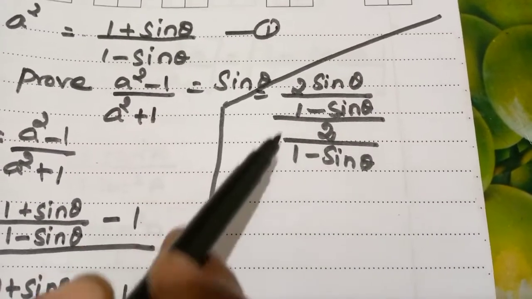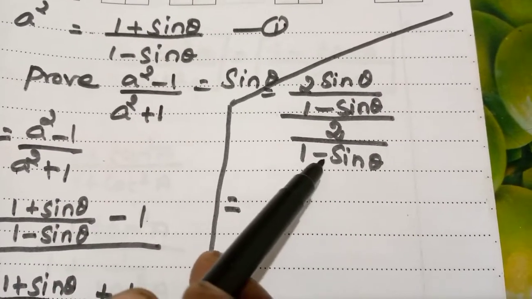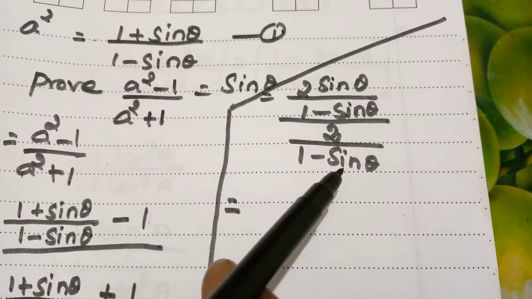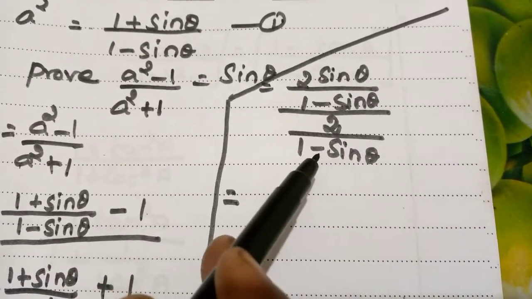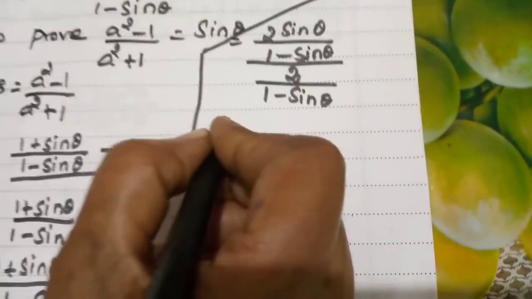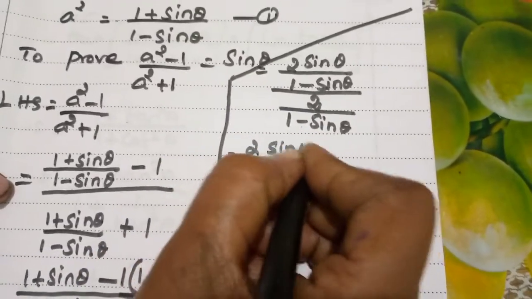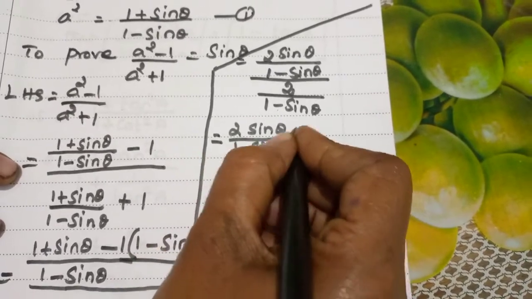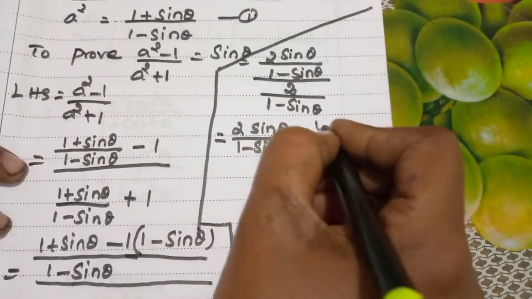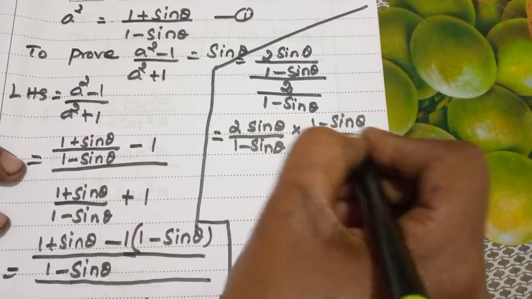Let us change division into multiplication, so we write the denominator term reciprocally. That is 2 sin theta by 1 minus sin theta into 1 minus sin theta by 2.